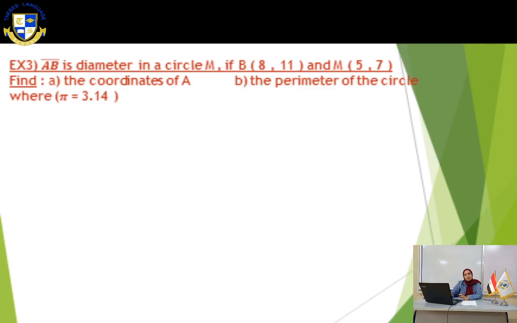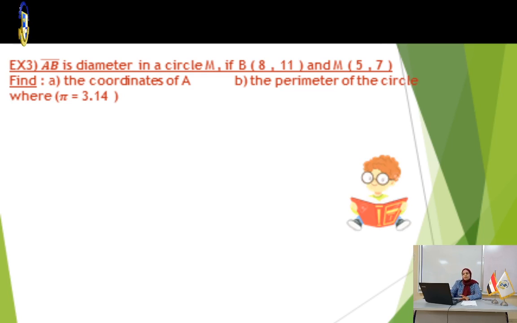Let's move to slide number 4. AB is a diameter in a circle M. If B is (8, 11) and M is (5, 7), find the coordinates of A and the circumference of the circle, where pi equals 3.14. Solution.